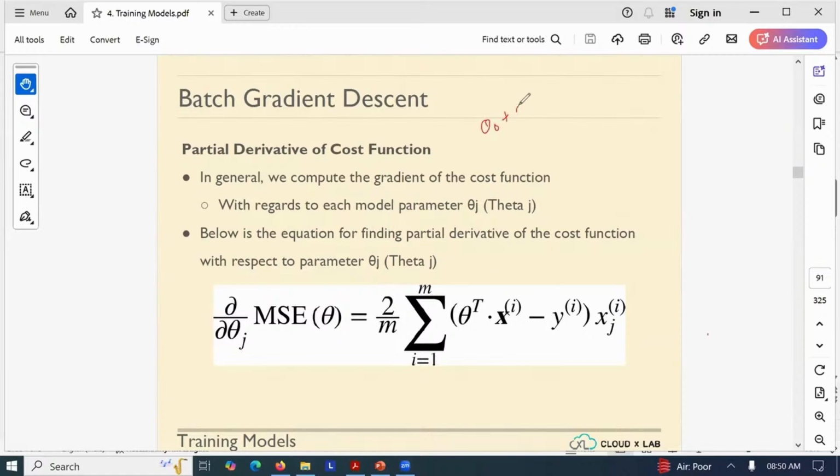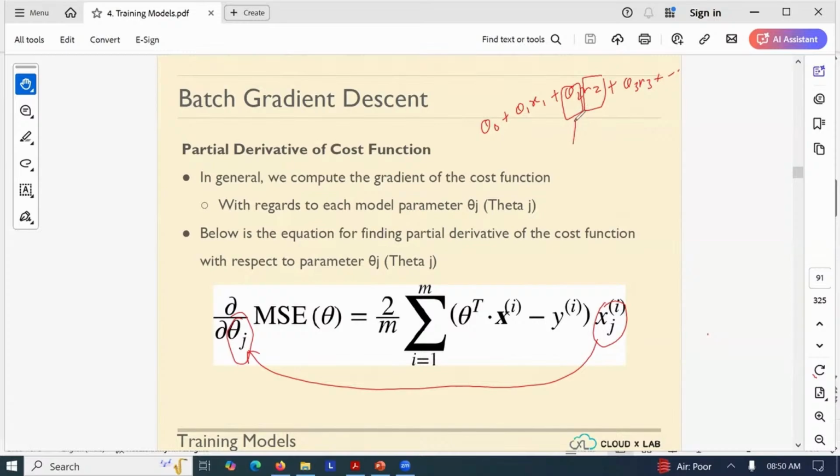Theta 0 plus theta 1 times feature 1 value, x1, plus theta 2 x2 plus theta 3 x3 and so on, right? So this xj is the corresponding x to this theta j, right? So for example, for theta 2, what term will we have here? x2, right? Because we are partially differentiating with respect to theta j while keeping all other thetas constant.